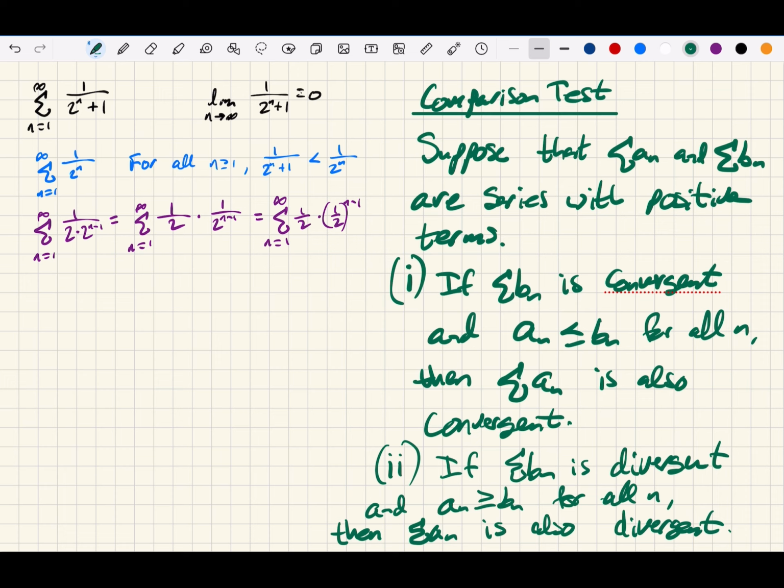Okay, so in our work here, we have established, which part? Part 1 or part 2? Yeah, part 1. We have a series that we know is convergent. It's a convergent geometric series. And we've shown that all of the terms of our series are less. So now we can say, and really what we need to do to complete this.